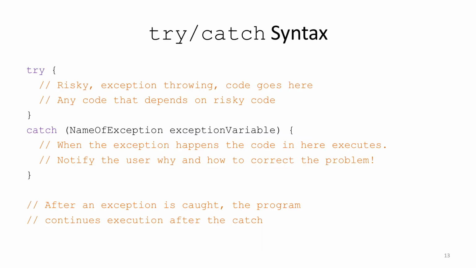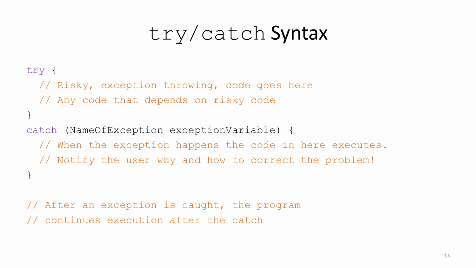Try catch is in reference to a block of code. So we have a try block and a catch block. The stuff in the try contains code that is called risky. The try block contains risky code. Risky meaning exception throwing code. If a line of code throws an exception, you will want to put that in the try block. You also want to put any code that depends on that risky code.